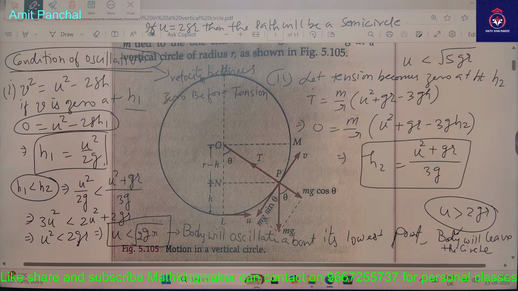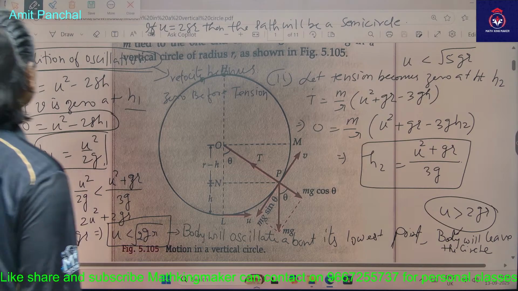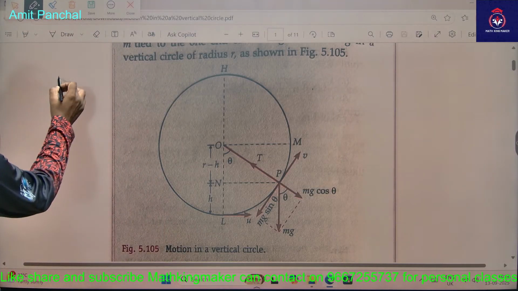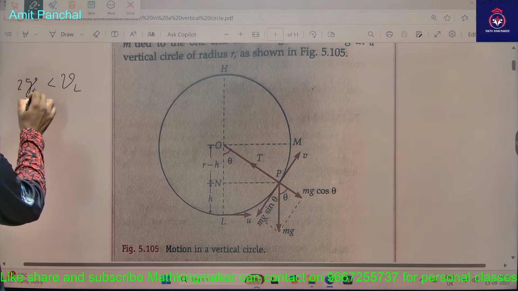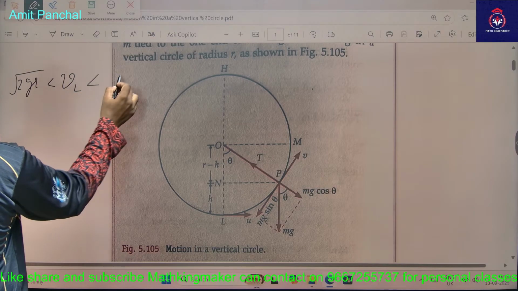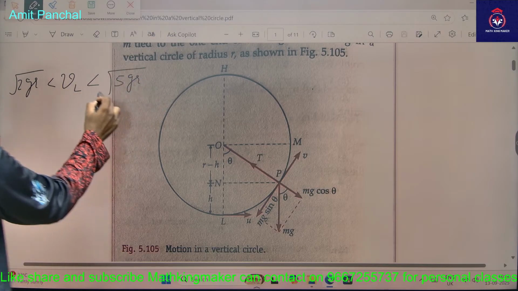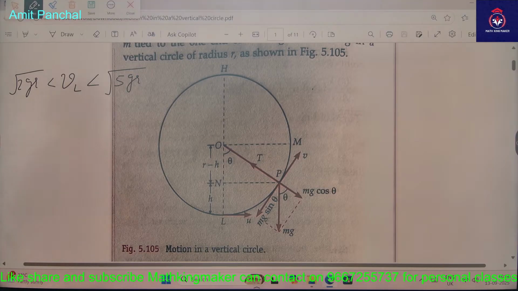So if VL is in between root 2gr and root 5gr, then what will happen?